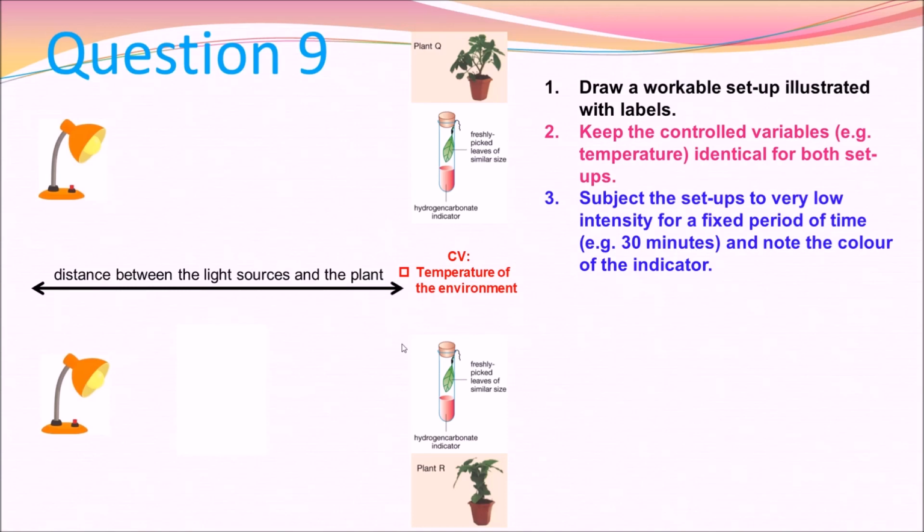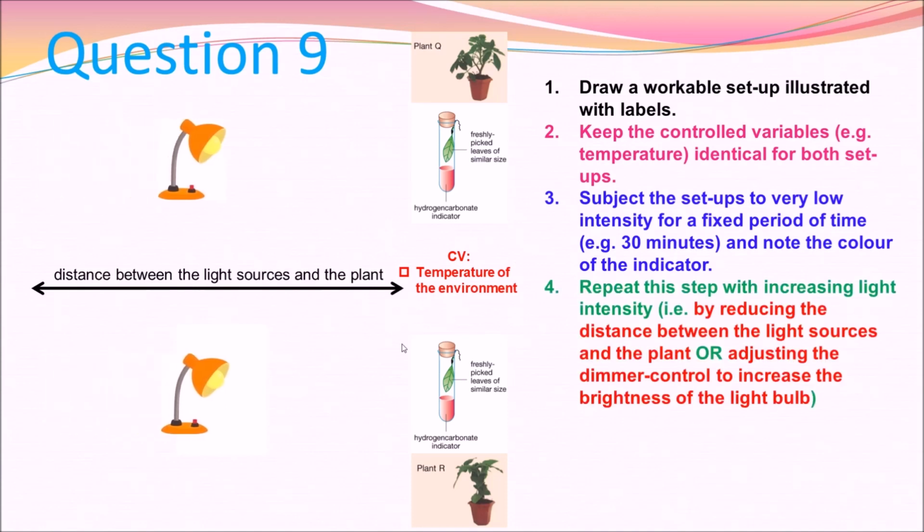So subject the setup to a very low intensity of light first, for example for 30 minutes, and then note the color of the indicator. Maybe the light intensity is so low that both of them become yellow, because more carbon dioxide is inside, so it goes from red to yellow. But what if we keep changing the light intensity?